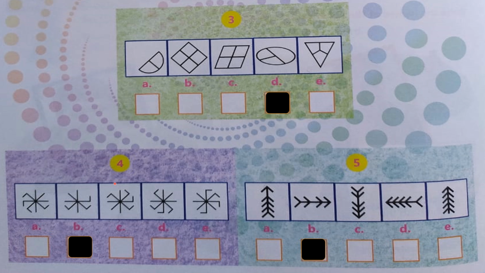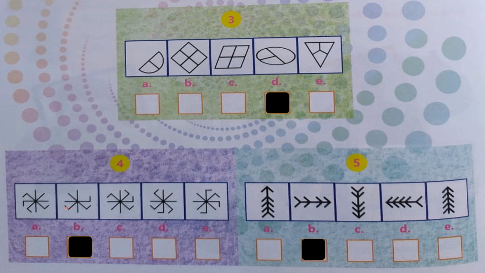Now the fourth picture, you can see first A part. How many sticks are there? 1, 2, 3, 4. 4 sticks are given here and they have been divided into 4 equal parts. Here if you count them, 1, 2, 3, 4. 4 sticks are given here, but 1 is half.